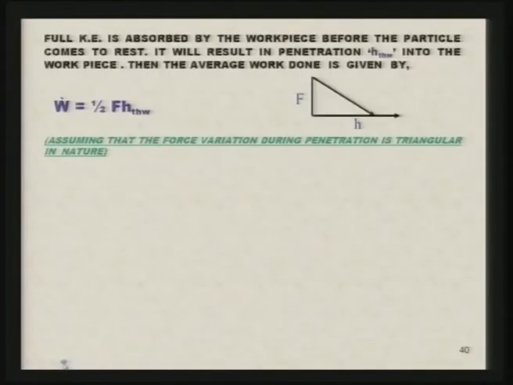Then the average work done is given by half F h_thw, where h we can determine from the figure. As you can see here, it is assumed that the variation in the force during penetration is triangular in nature.